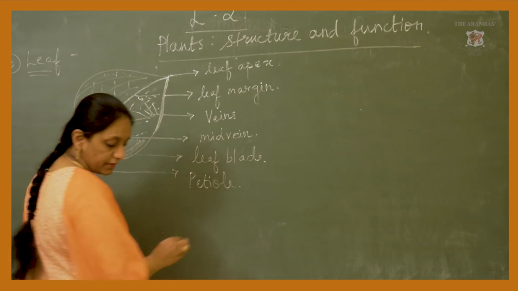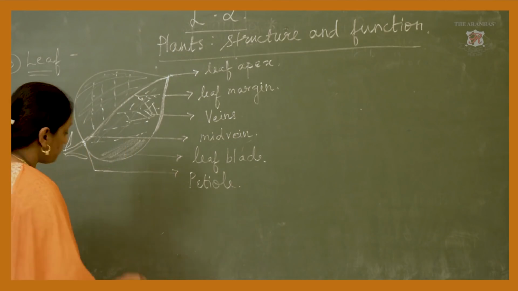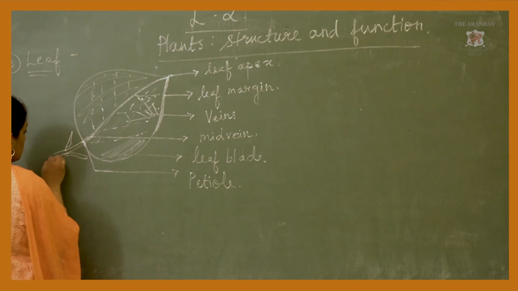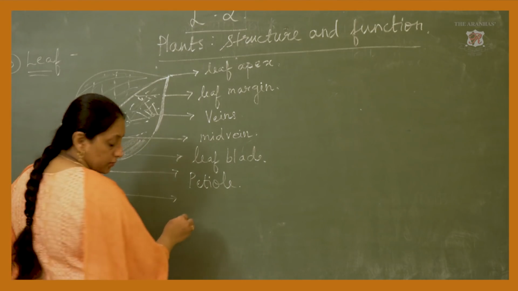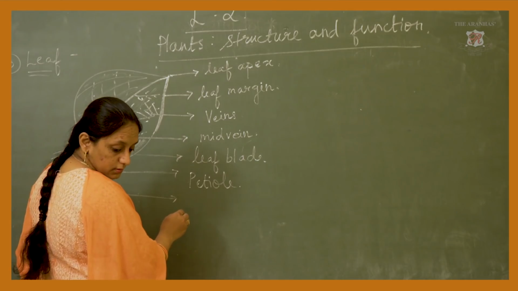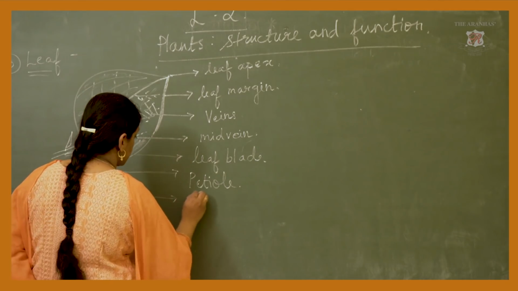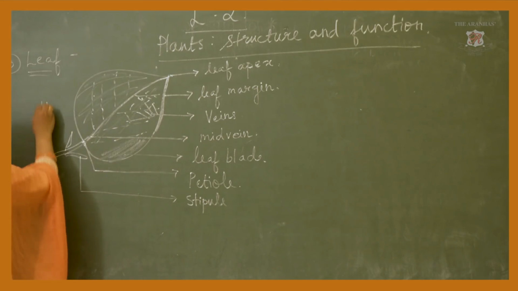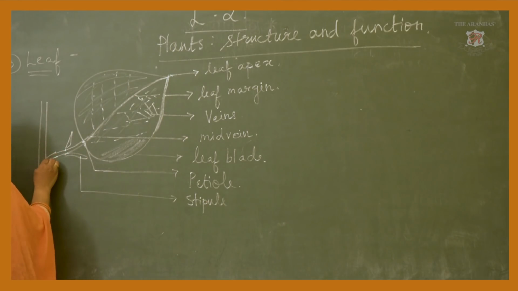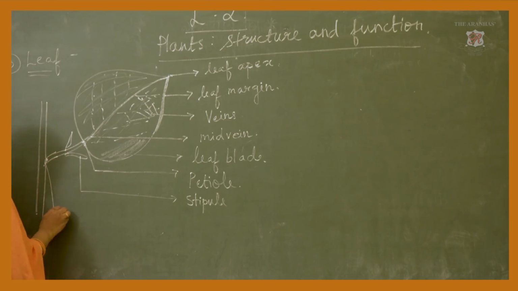Then they have given small leaves which are little far away from the petiole. These small leaves are called as stipules. And a leaf is growing here. So this is called as leaf base.